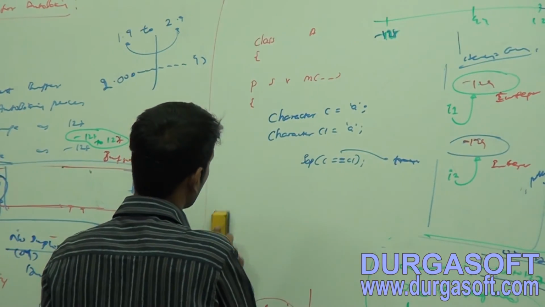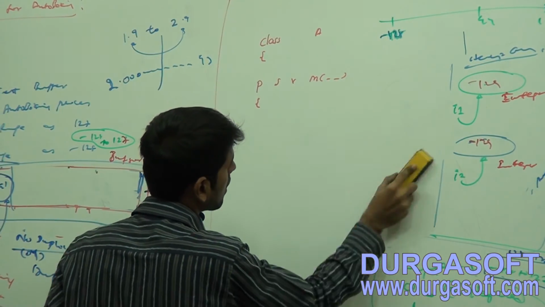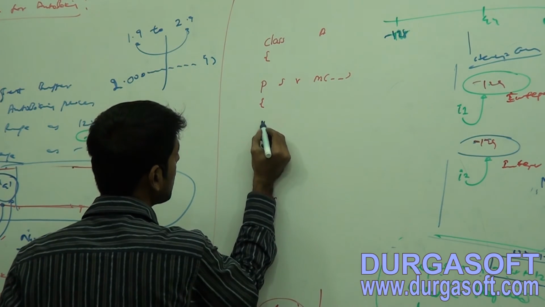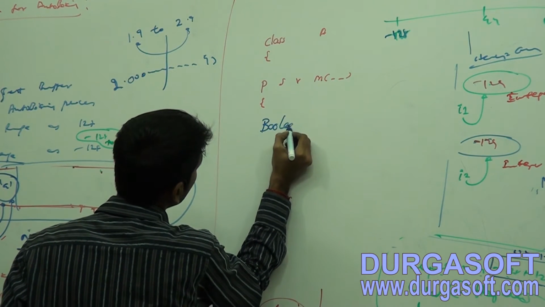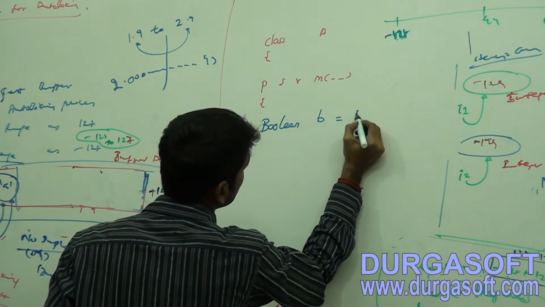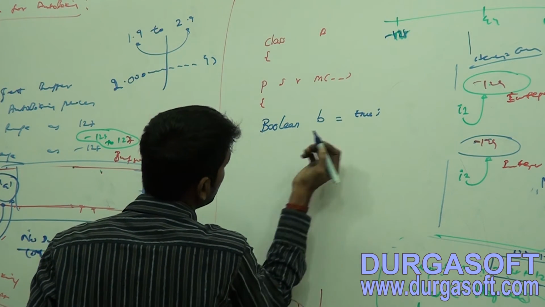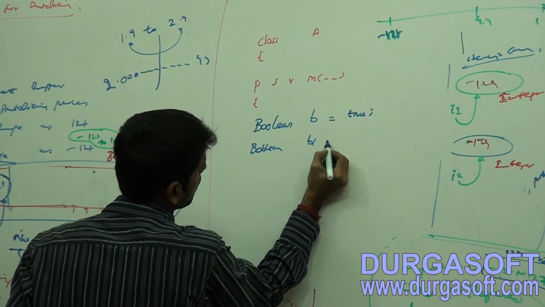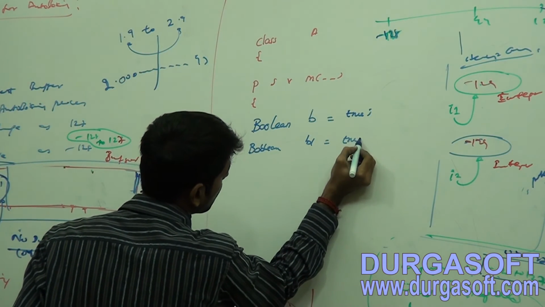Okay, now let's check with the boolean wrapper class. Within the boolean wrapper class also we have the valueOf method, that is, we can go for auto boxing. Boolean b1 equals true.